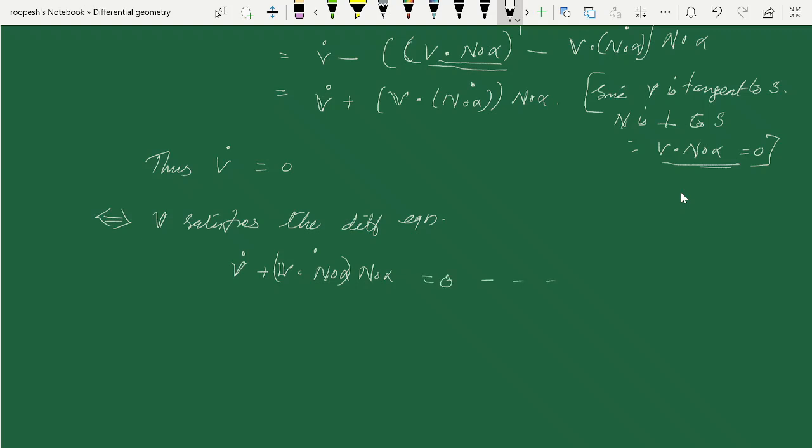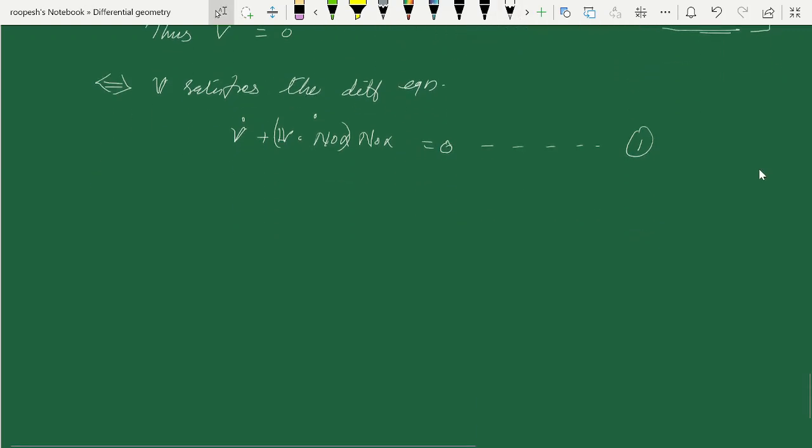Call this equation 1. Now 1 is a first order differential equation in V.